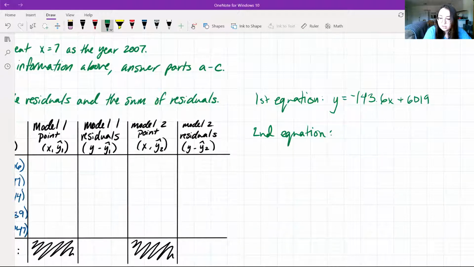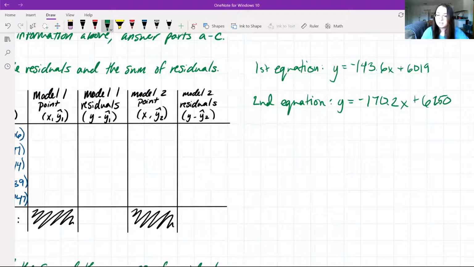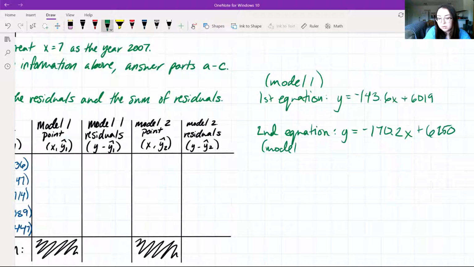Our second equation is going to be y equals negative 170.2x plus 6,250. All right. So we have our first equation and our second equation. So we're going to call our first equation model 1, and our second equation is going to be model 2.